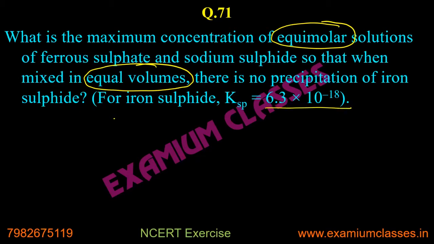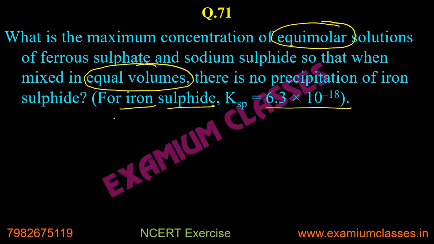It means I have to calculate the iron ion concentration and sulfide ion concentration. If the ionic product is less than or equal to KSP, I'll say no precipitation will take place. Is that clear?